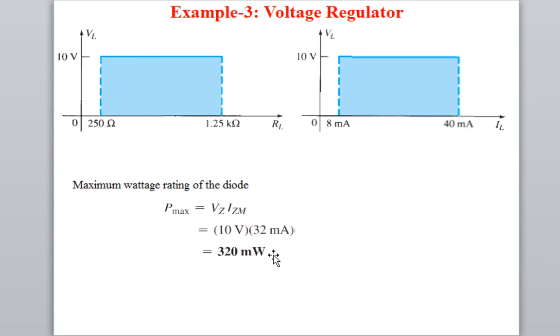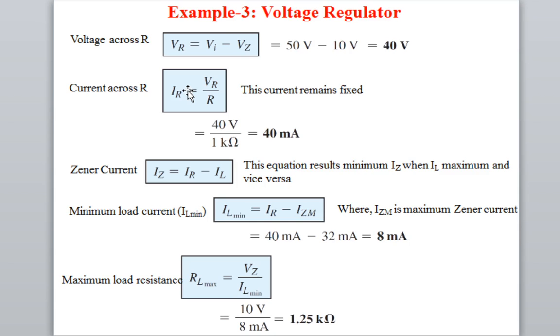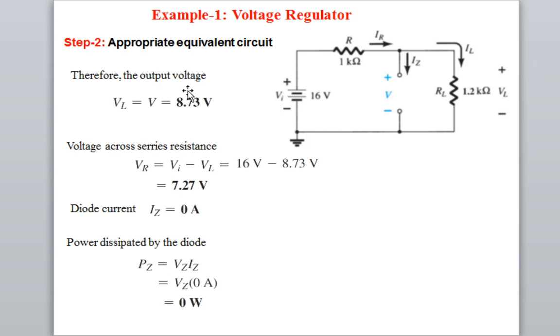So this is example number 3. Now let us try to solve another example, which is a little bit different from the previous examples. Here in this problem we will take Vi as a variable, and load resistance will be fixed. If you go back to the previous problem, example number 1, I have taken this example.